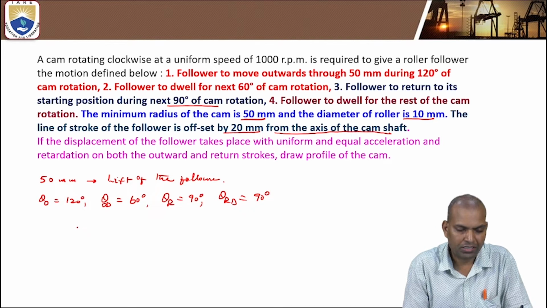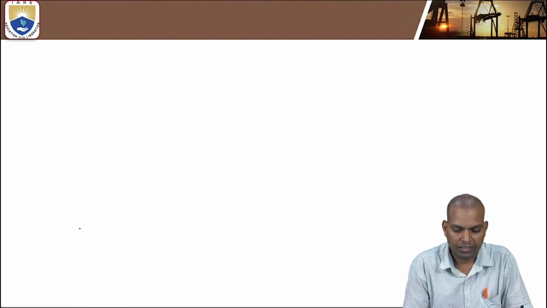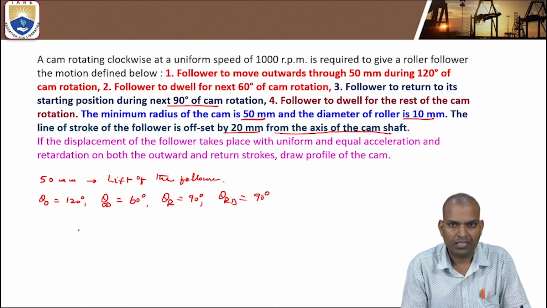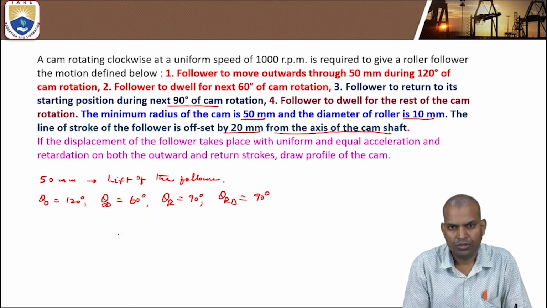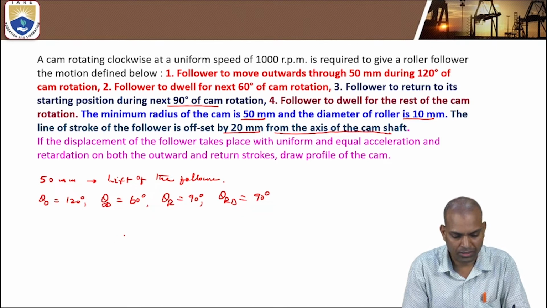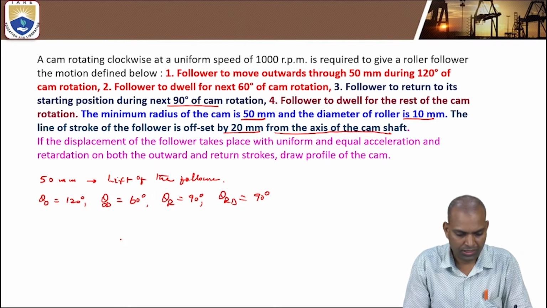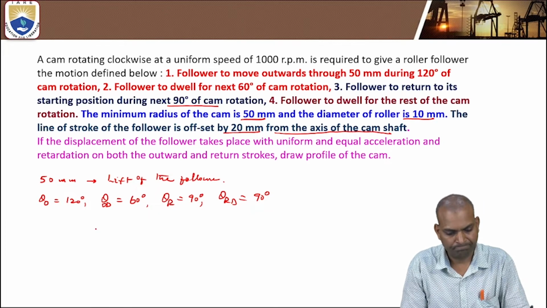So we have to take a scale and draw the displacement diagram. The motion of the follower is uniform acceleration and retardation in both strokes. So let us draw the displacement diagram.